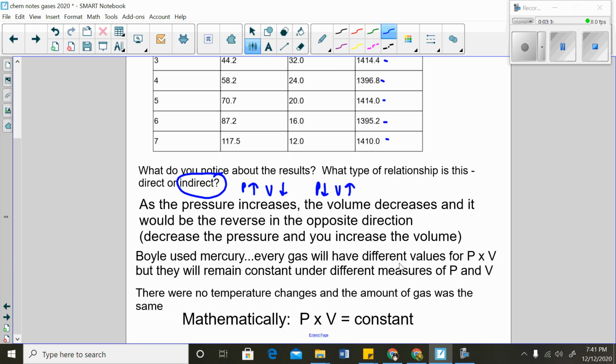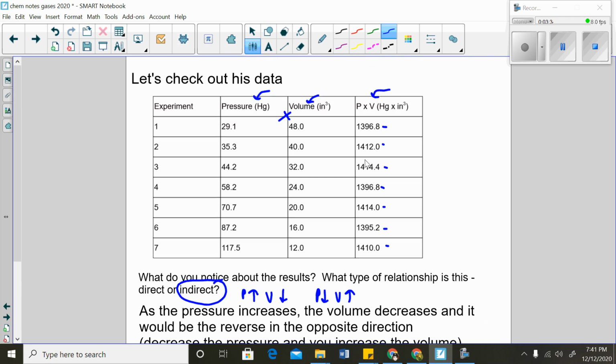Every gas will have different values for P times V, but just like mercury, they will remain constant under different measures of P and V. There were no temperature changes and the amount of gas was the same. So mathematically, P times V is what we call constant. Yes, I know that pressure goes up and volume goes down, but if you multiply the P and the V, no matter what experiment you have, it's going to remain constant.